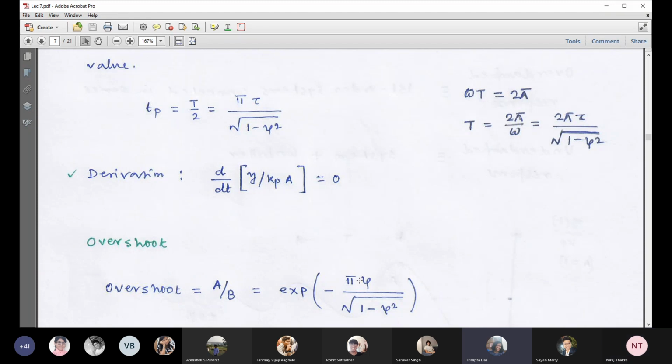So omega t equal to pi, so t equal to pi by omega. Okay. And that is basically capital T by 2. Agree? Yes, sir. Now, Tridipta, you go to the next question. Find overshoot.